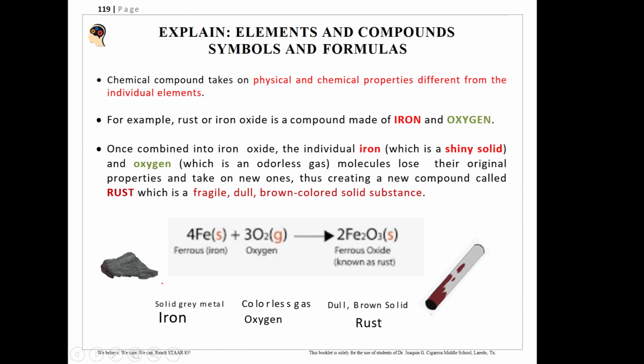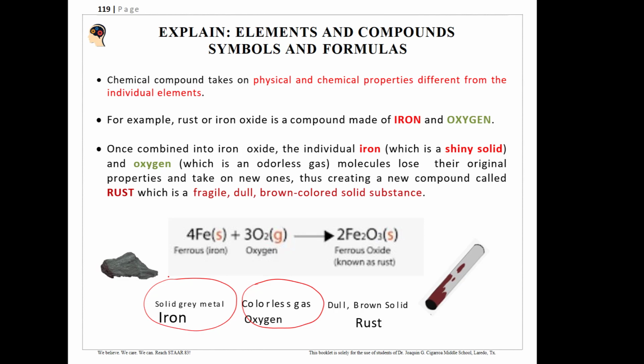Let's take a look at the equation. So here is iron. As you can see, iron is a solid gray metal, right? And it is combined with oxygen, and oxygen is a colorless gas. As I said, iron is a solid gray metal. So the color property is gray and solid.